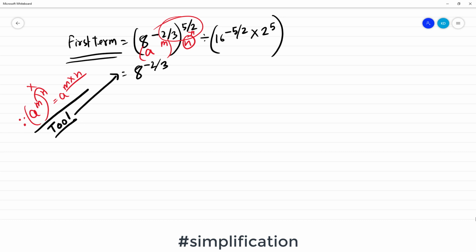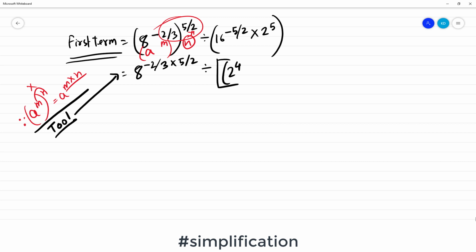So now let's start solving this problem. 5 by 2 divided by, bracket open, and here is the bracket open.